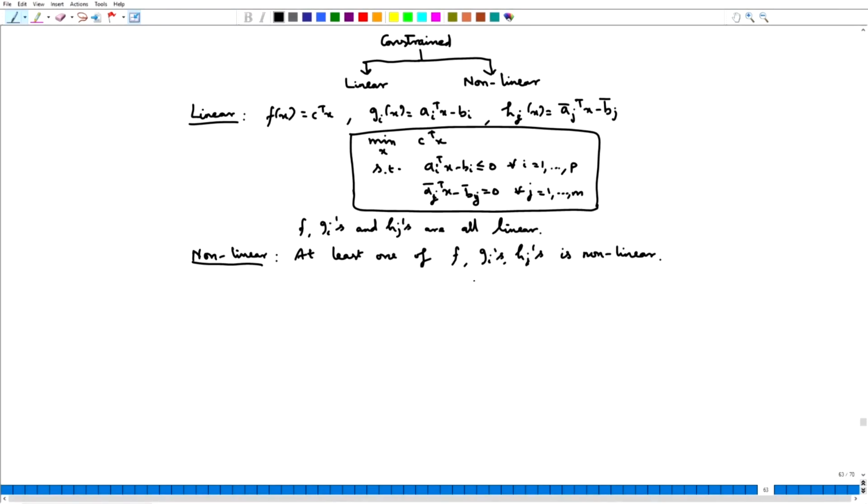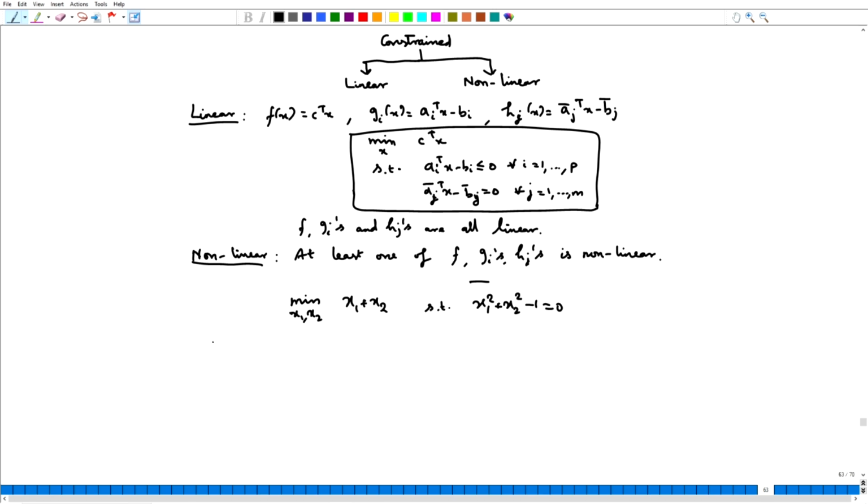So what is the reason? I will just start with a simple example. Let us consider this particular problem where you are minimizing x1 plus x2 subject to the condition that x1 squared plus x2 squared minus 1 equals 0, over x1 and x2.